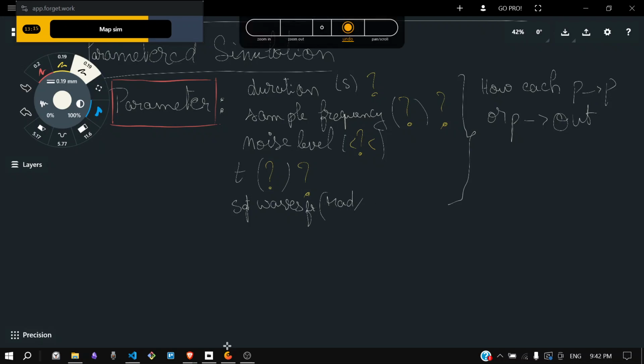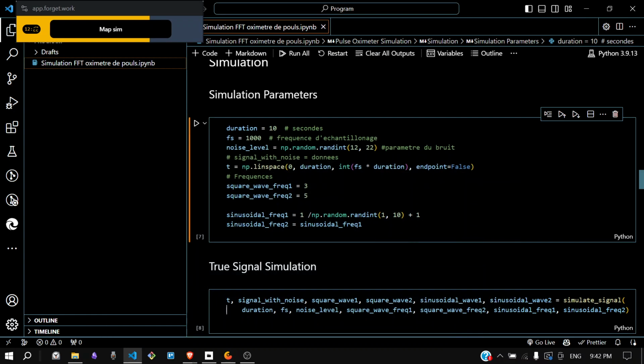I don't like putting rads per second. I'm a -1 person. And so we need to understand the range, and we also need to understand what the sinusoidal frequencies are. What are they?